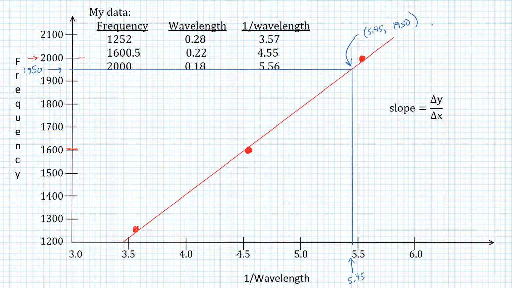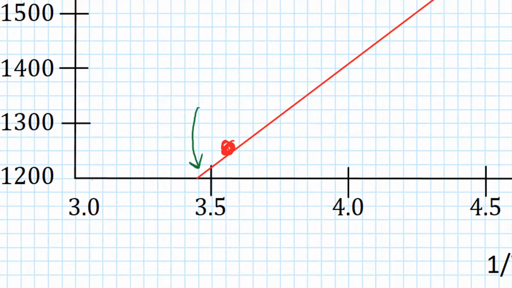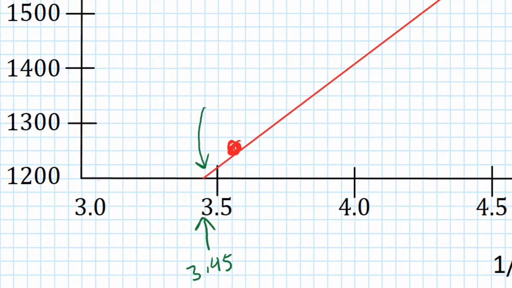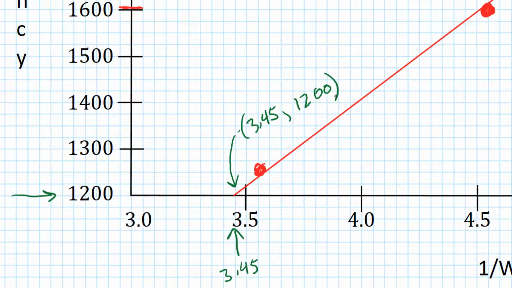Now I need a second point, and then I can find the slope. I think I'm going to use the point where it hits the x-axis. That looks like it's intersecting very nicely at the intersection of my grid lines. So the x value there is 3.45, and the y value is 1,200.